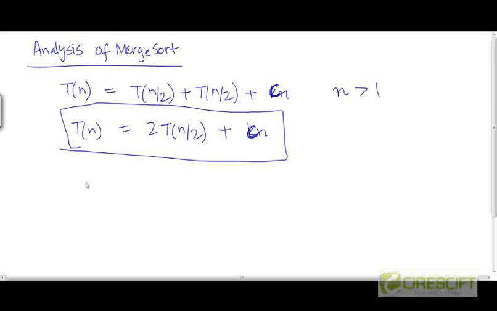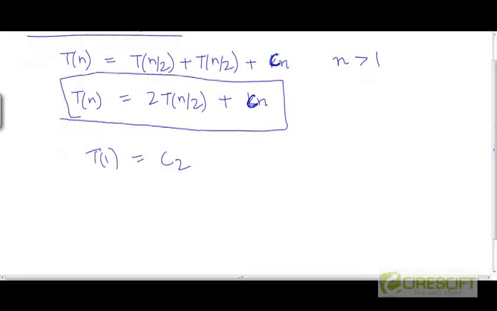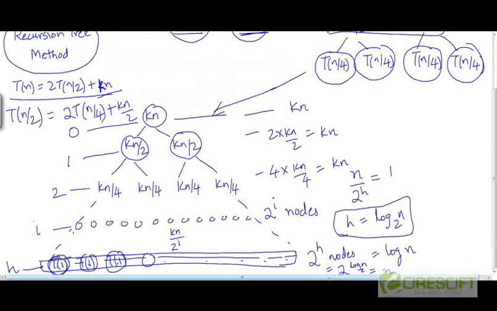The value for the base case is simply going to be T of 1, which we can assume is some constant. Let me call it C2. We don't know what that constant is, but we'll just call it C2 to differentiate it from this particular constant. So the last level therefore will contribute n times C2.